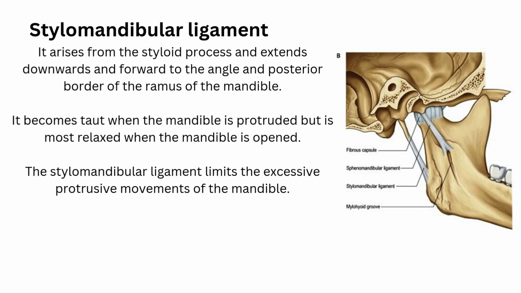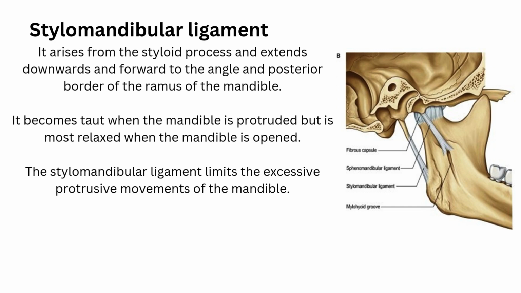Let's talk about the stylomandibular ligament. This is also an accessory ligament. Now the name itself says that this ligament arises from the styloid process and extends downwards and forward to the angle and posterior border of the ramus of the mandible.